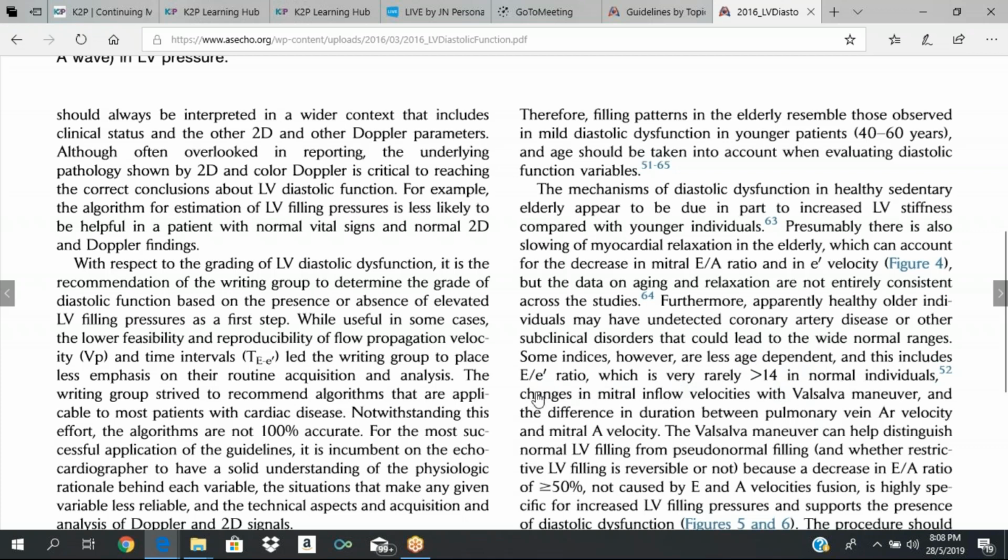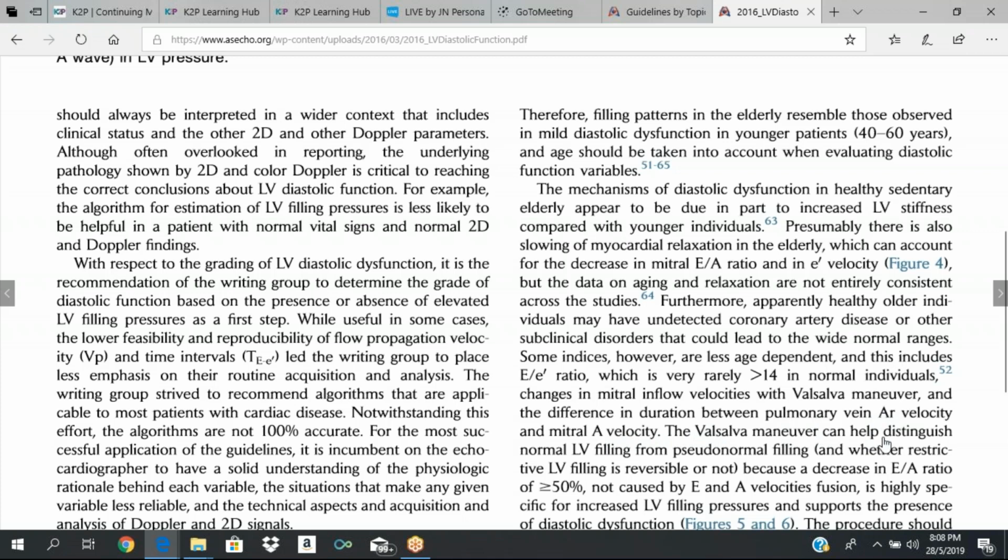Changes in the mitral inflow velocity with Valsalva maneuver are also less age dependent, and so is the difference in duration between the pulmonary vein atrial flow reversal velocity and the mitral A velocity. So these are less age dependent.